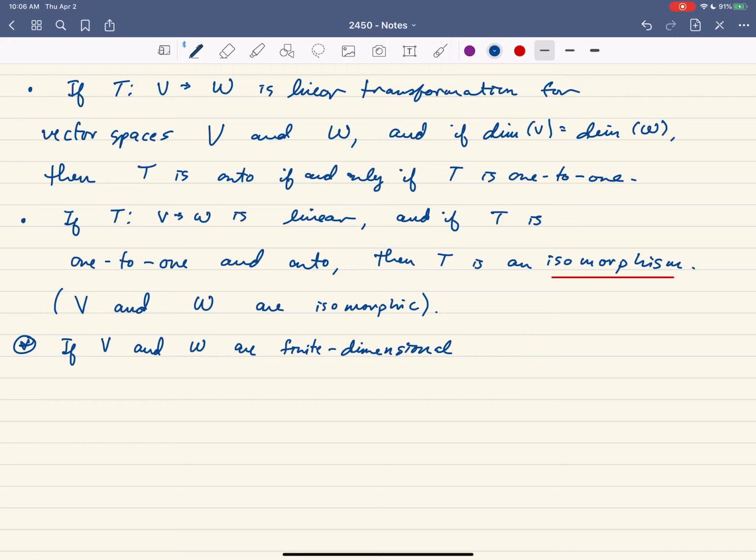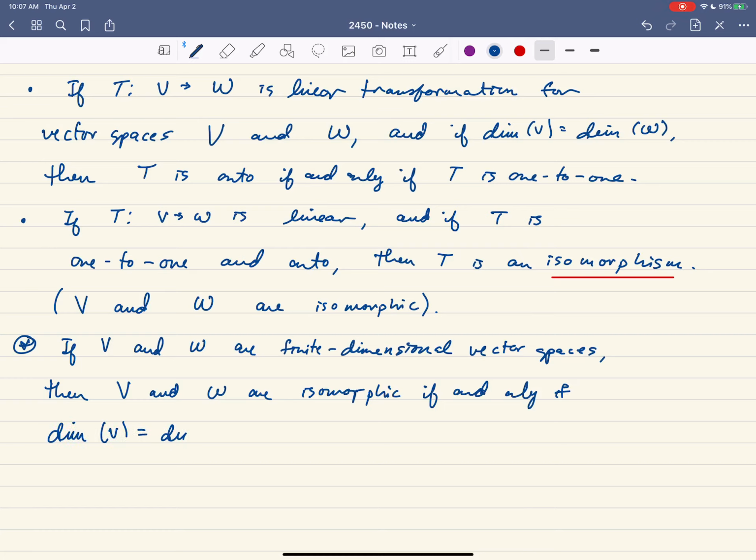There's no nice way to talk about a basis there, at least not one that's immediately obvious. So all that we're talking about are finite dimensional vector spaces. So V and W are finite dimensional vector spaces. Then it turns out that V and W are isomorphic if and only if V and W have the same dimension.